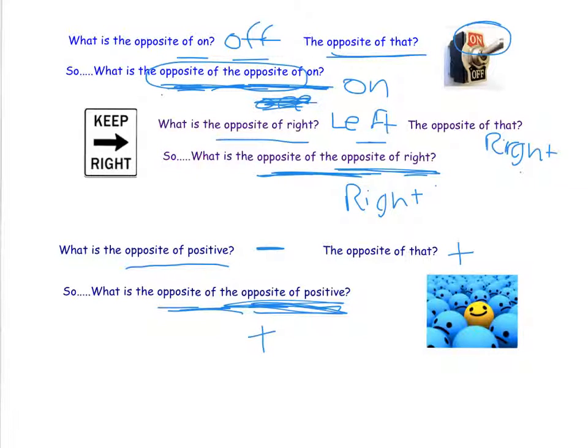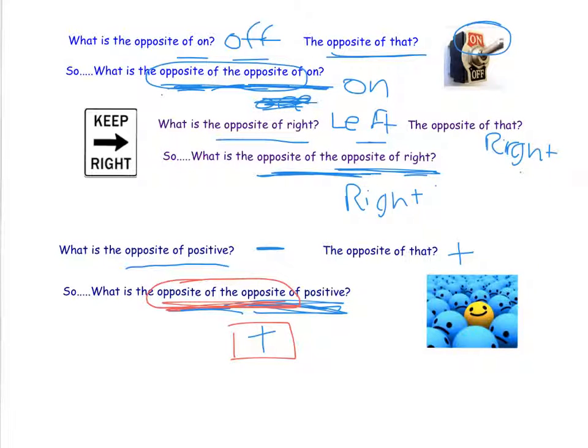So in each of these cases, when you take the opposite of the opposite, you get back to your original. Again, the opposite of the opposite gets us back to the beginning. The opposite of dog is cat. The opposite of cat is dog. So the opposite of the opposite of dog is back to dog.